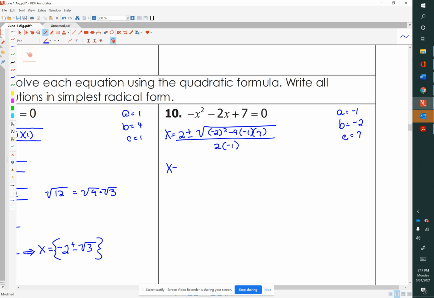And let's just begin simplifying. 2 plus or minus the square root of 4 plus 28 divided by negative 2. X equals 2 plus or minus the square root of 32, all divided by negative 2. And we can think of the square root of 32 as 16 times 2.